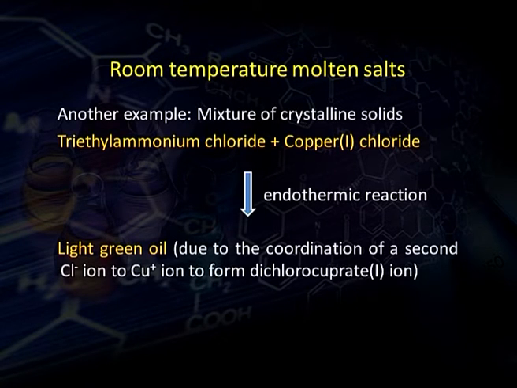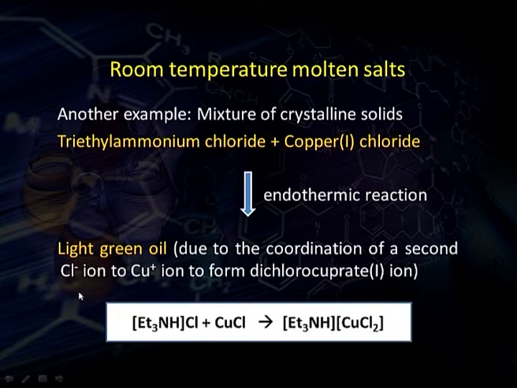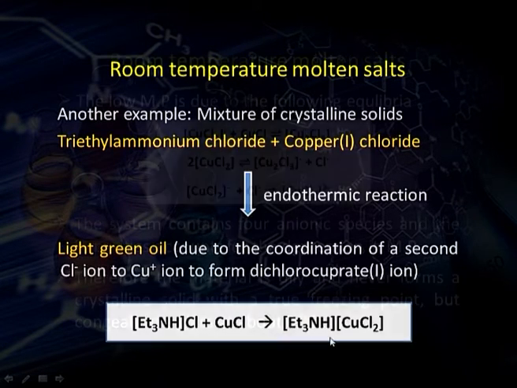This light green color is due to the coordination of a second chloride ion to the copper ion to form the dichlorocuprate(I) ion. So, this is the reaction. We have triethylammonium chloride. When it reacts with CuCl, it gives this particular complex and this complex is a light green oil.